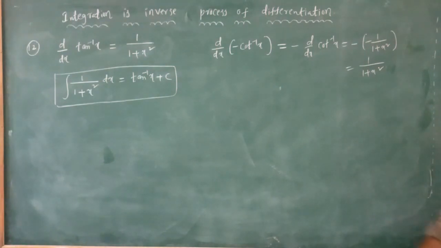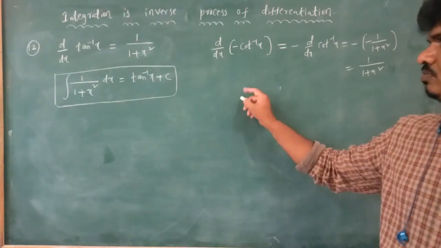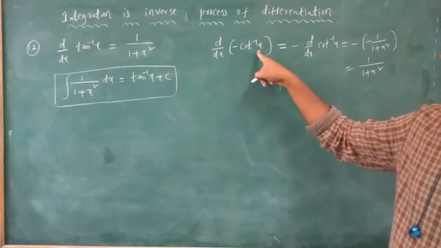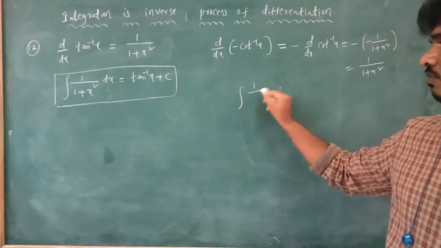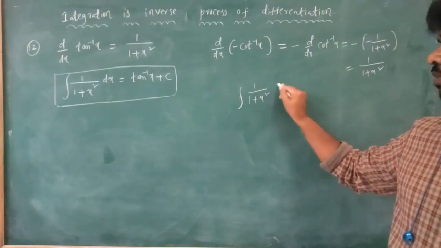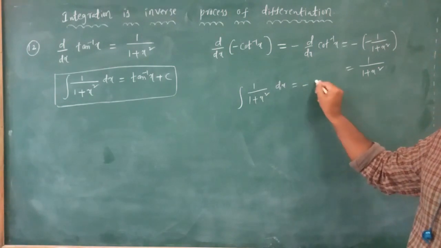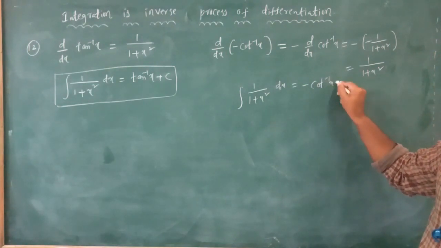So finally, what we can write? The derivative of minus cot inverse x is 1 by 1 plus x square. So, integral of 1 by 1 plus x square dx equal what? Minus cot inverse x plus c.